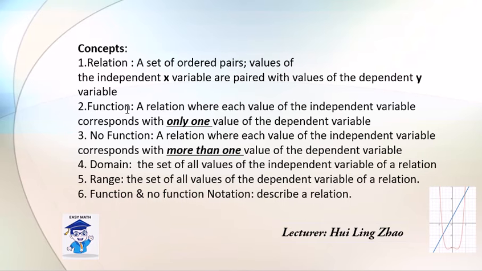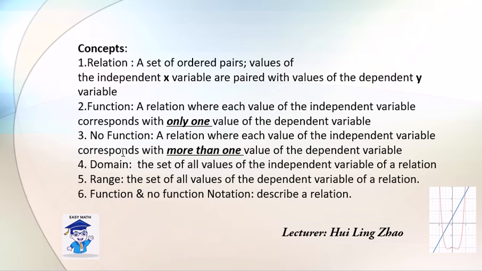Number 2, functions. A relation where each value of the independent variable corresponds with only one value of the dependent variable. That means one independent variable value has only one value of the dependent variable.